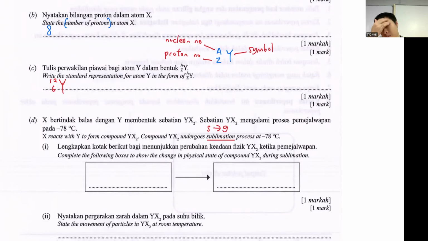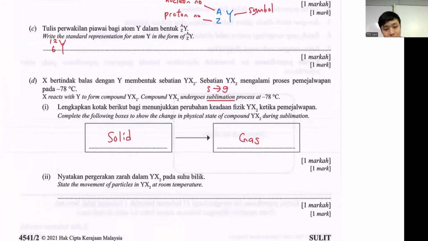It's called sublimation. Normally, the likes of naphthalene, acetamide, dry ice, iodine. Example lah. So at negative 78, already turned to gas. So physical state, this is also another free mark, unless you don't know what is sublimation. So it's solid to gas.